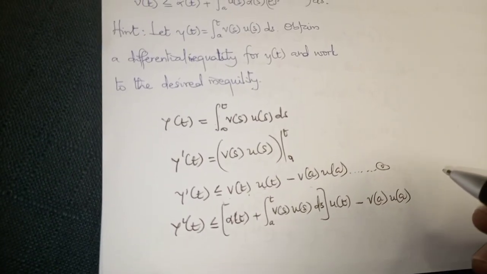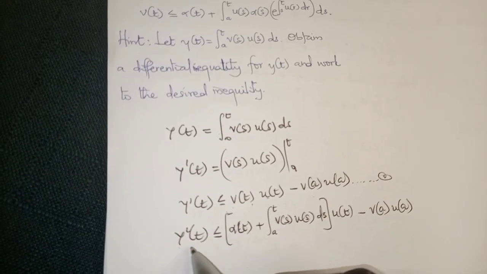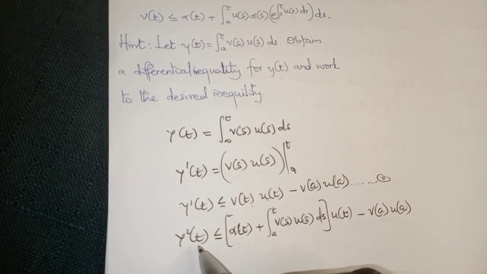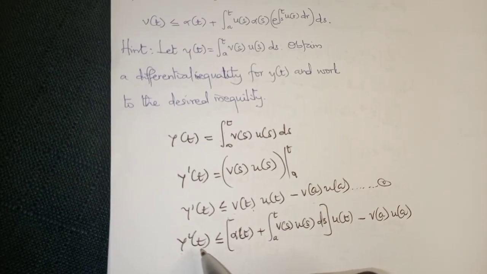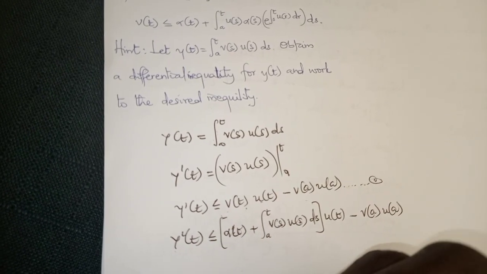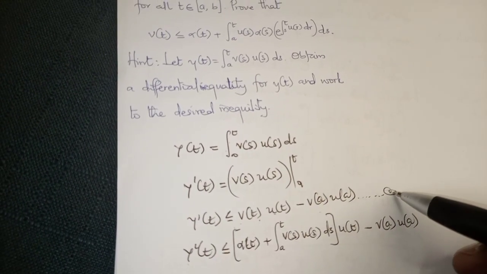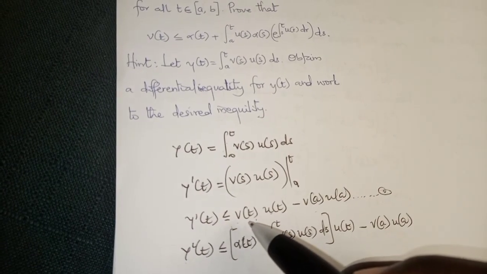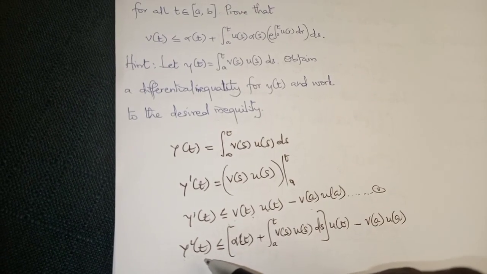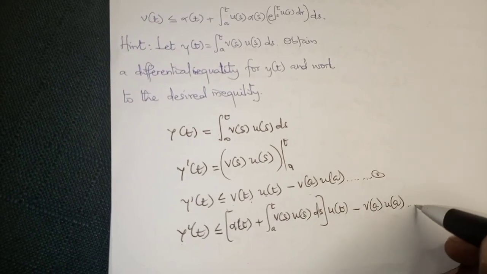From here we then do another substitution for y prime of t. We know from equation 1, the previous equation, y prime of t is less than or equals to all this expression. So we put this equation 1 into this, so you can make this one equation 2.